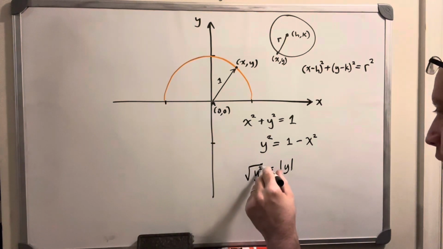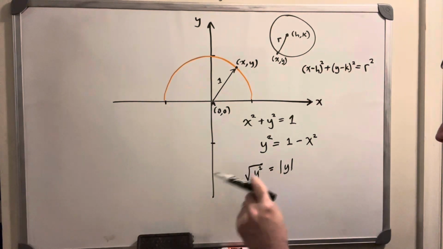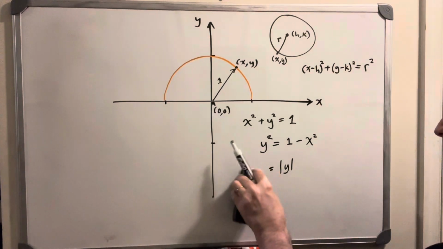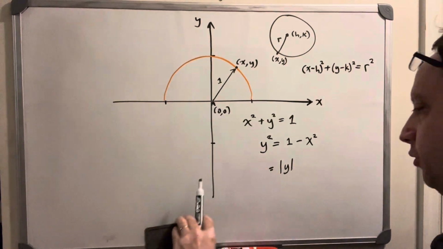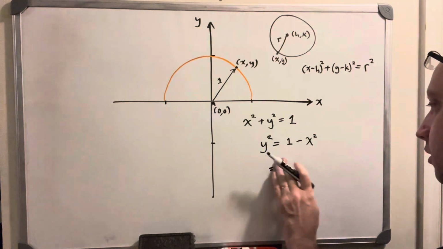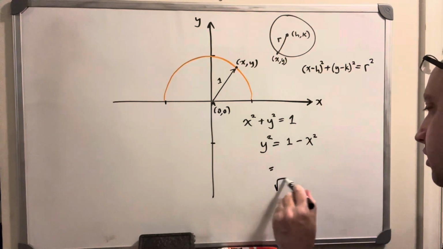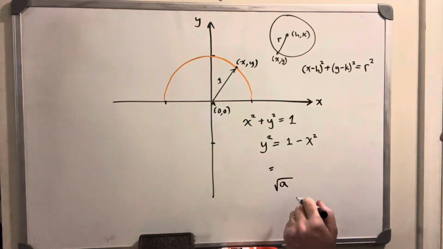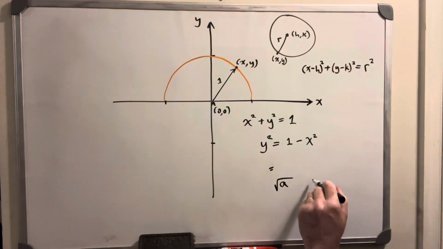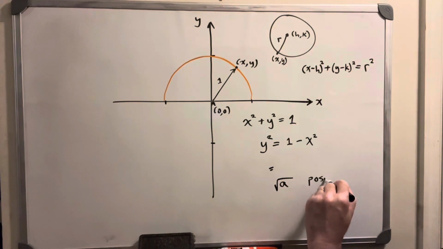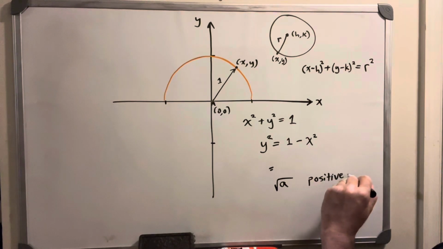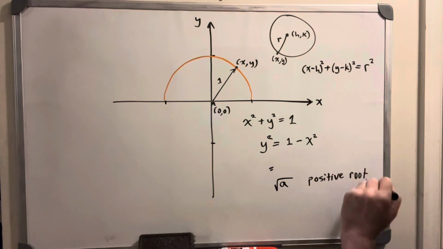Then negative 1 squared is 1. The square root of 1 is 1. So typically you'll find in most math textbooks, when they write down the square root of some value a, they mean the positive root.